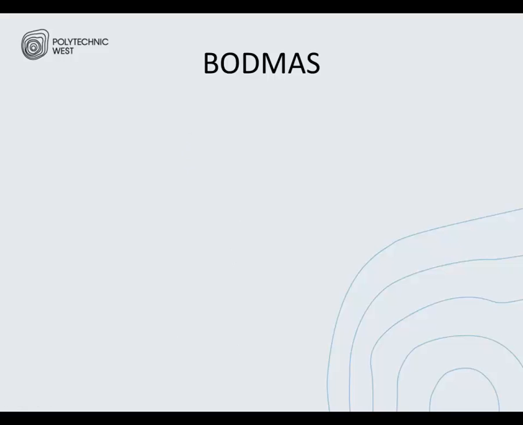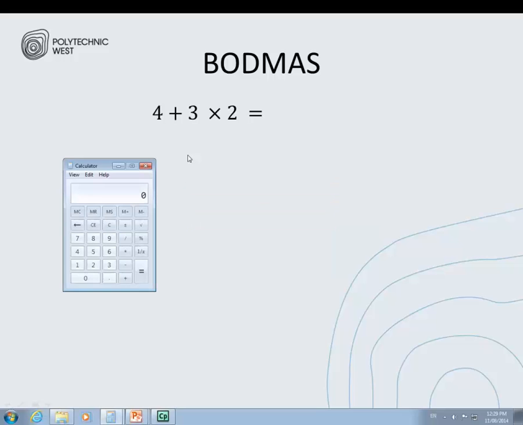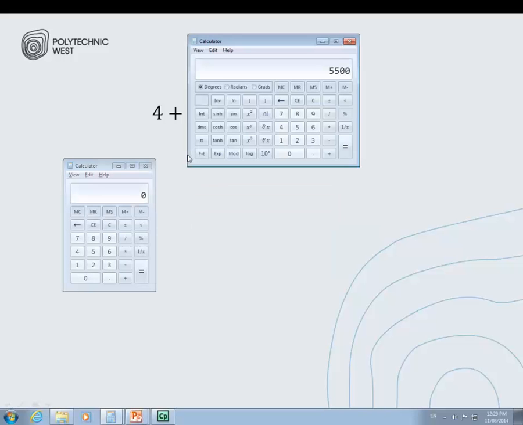Right, let's take an example. 4 plus 3 times 2. Now that looks pretty easy. Now, funny thing is, I'll get a couple of calculators. There's a calculator. There's another calculator.